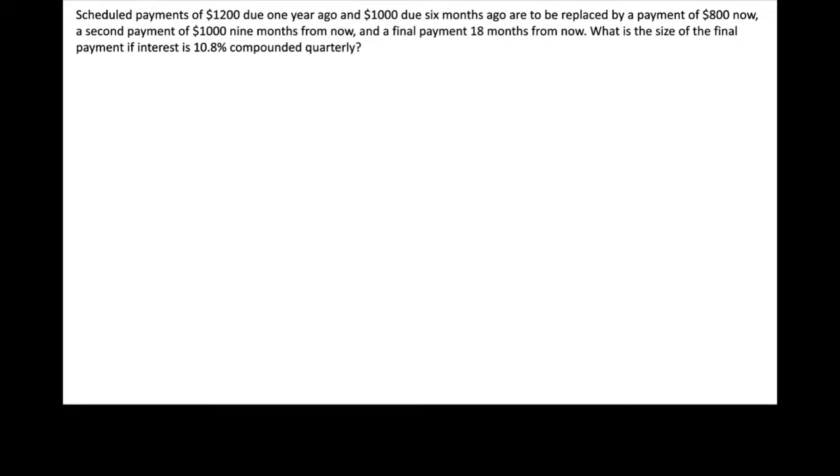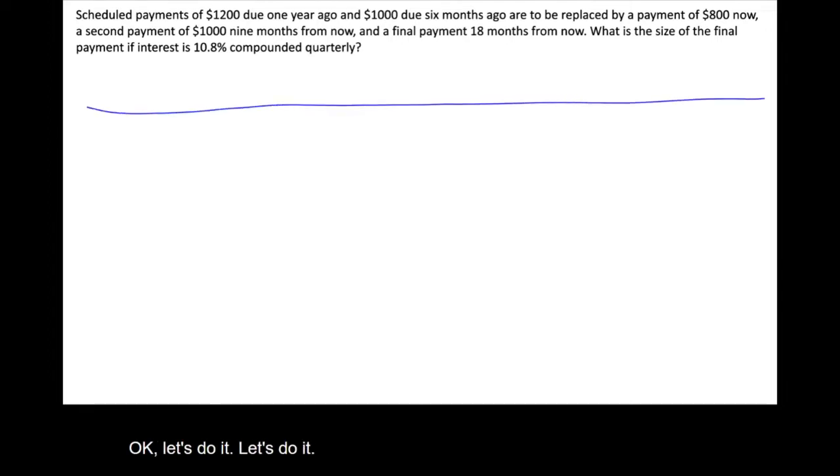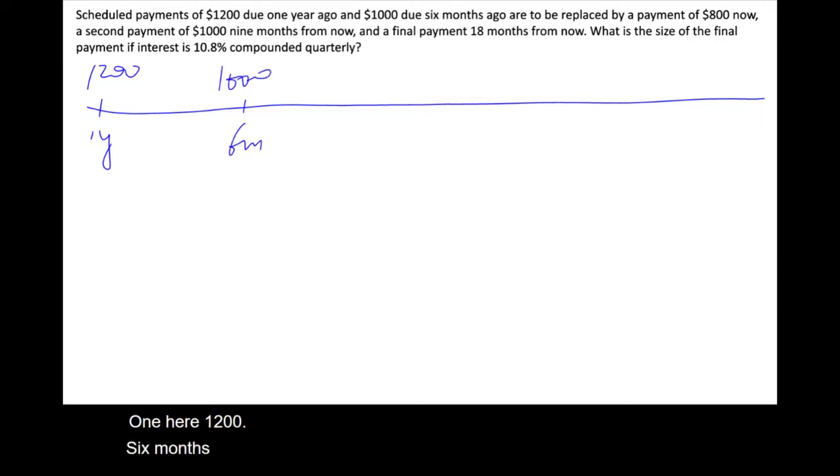Okay, let's do it. Timeline: 1 year, 1200. 6 months, 1000.